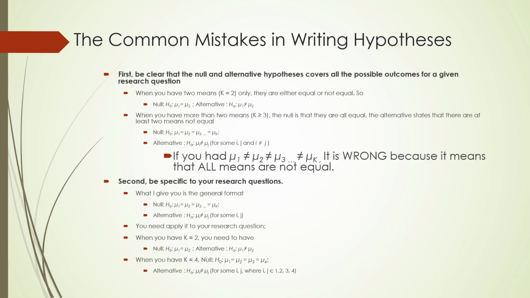If the alternative hypothesis says none of the means are equal, what has been left out? The possibility that some means might be equal while others differ. Remember, as long as there is one pair of means showing a significant difference, we need to reject the null hypothesis. Therefore, the correct alternative hypothesis is simply that not all means are equal.